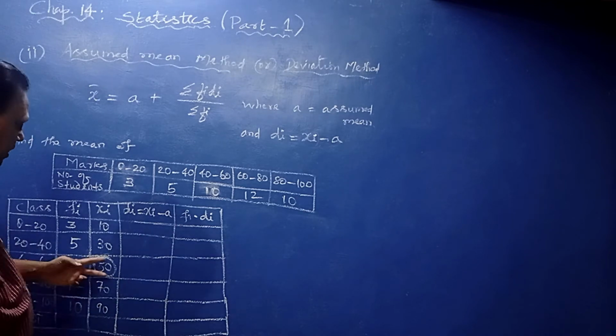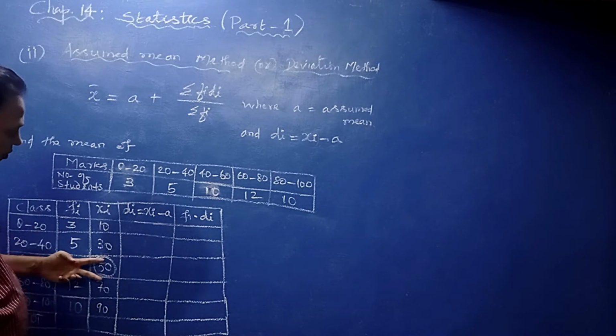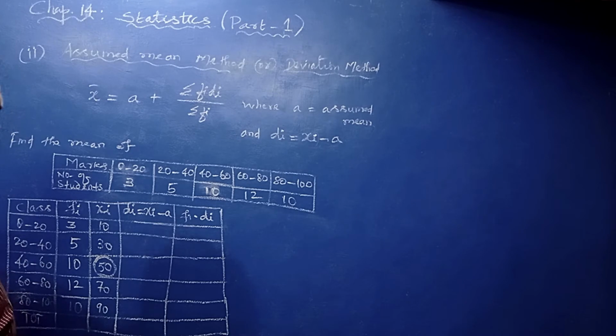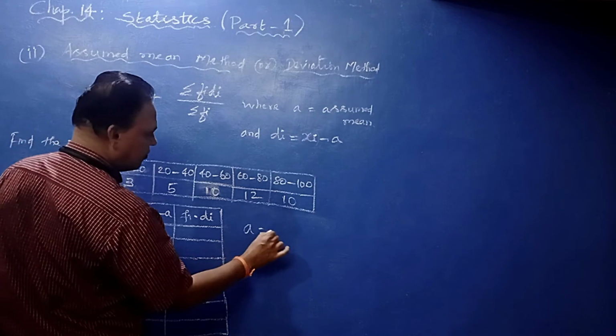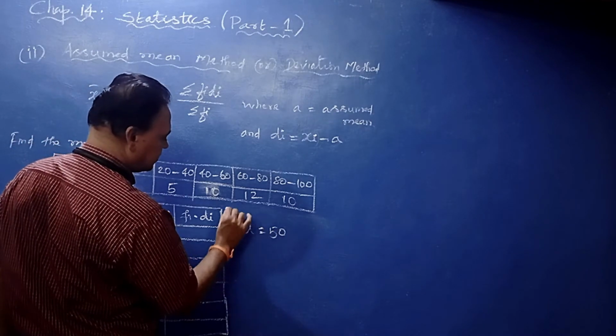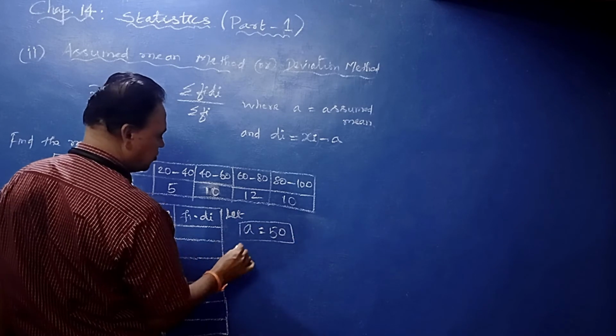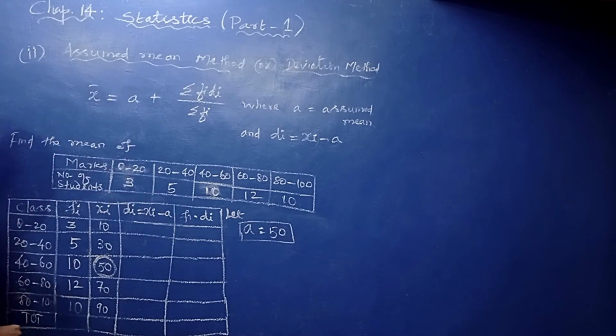Right? Suppose you are getting two values here. If you get two values, you assume the highest one. If you assume the highest one here, it will be easy, right? So now here 50, a equals 50. Assumed mean is what? 50, you take. Let a equal 50. Assumed mean, that is okay.